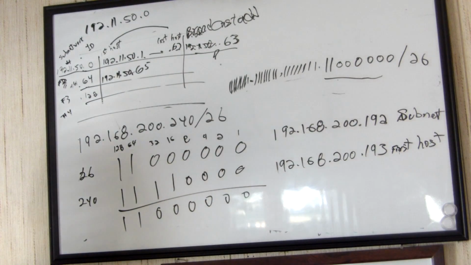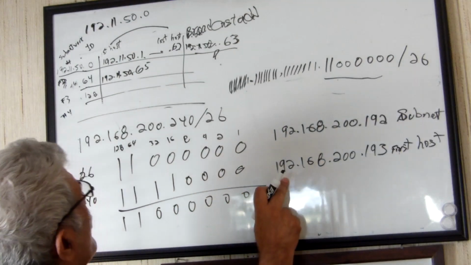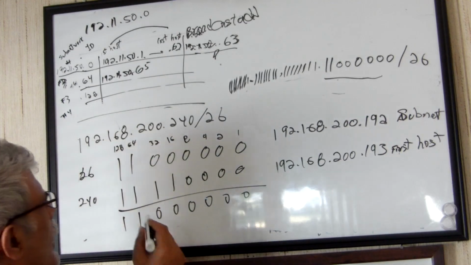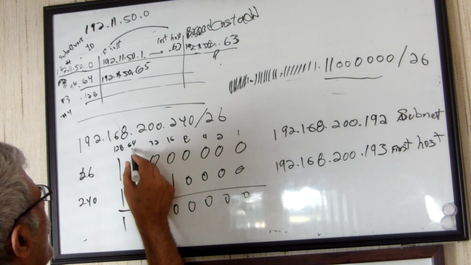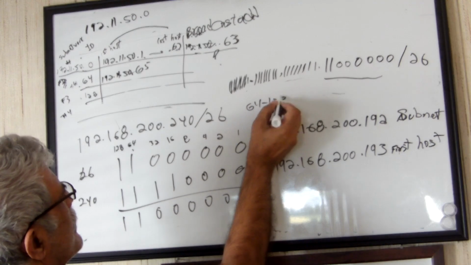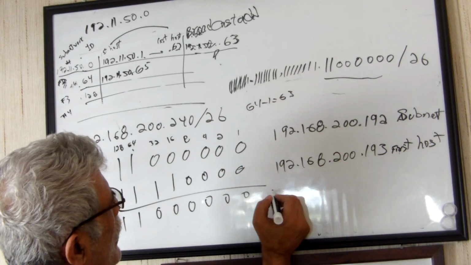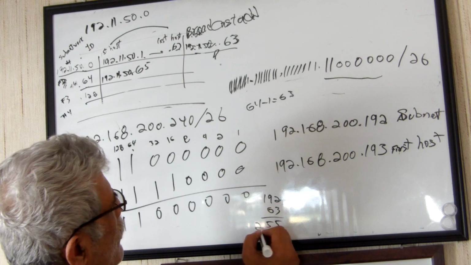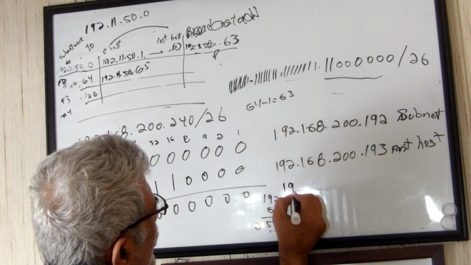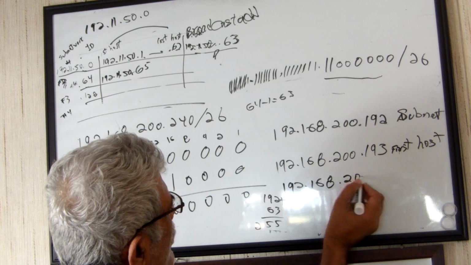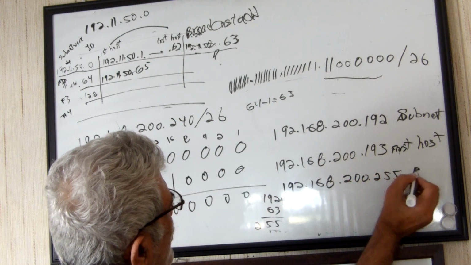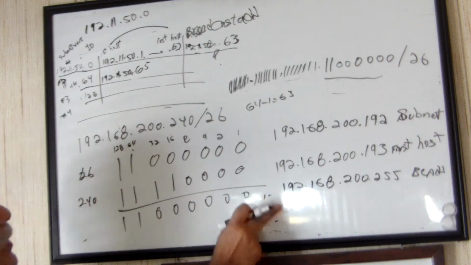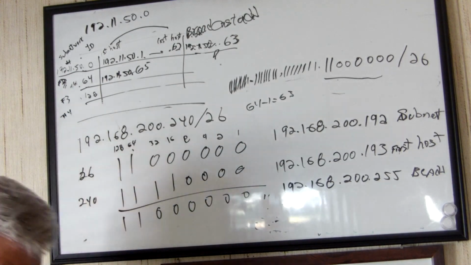Now if you want to find the broadcast address, what you do, you come here, 64 minus 1 is 63, you add it to 192. So 192 plus 63, 255 is going to be 192.168.200.255, the broadcast address. Okay.